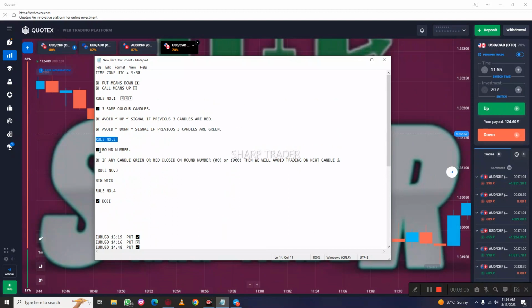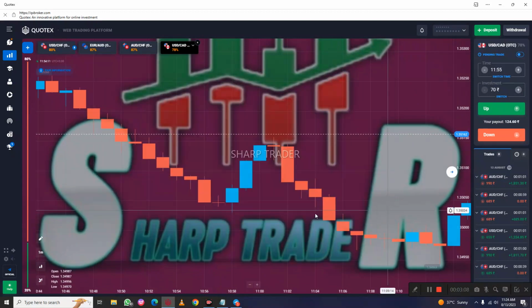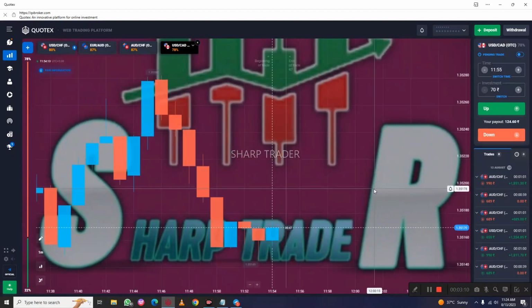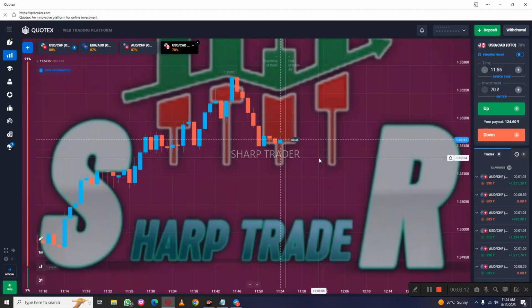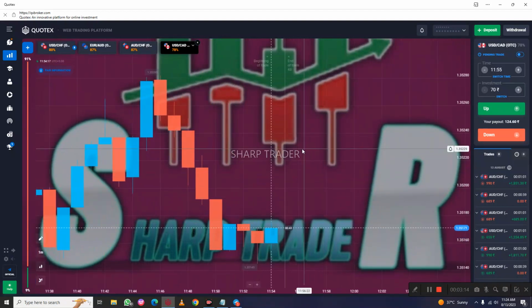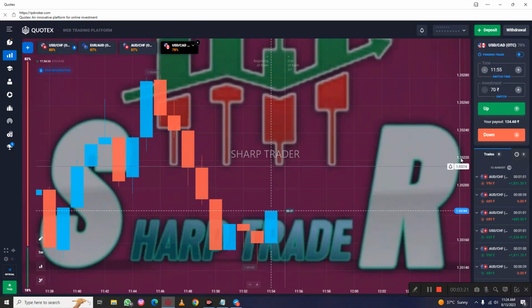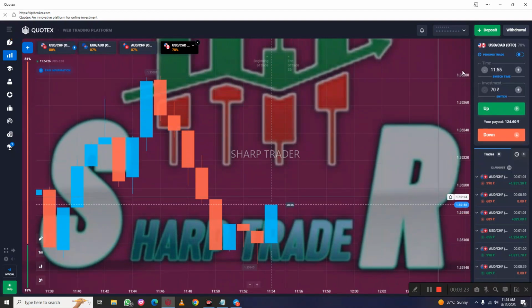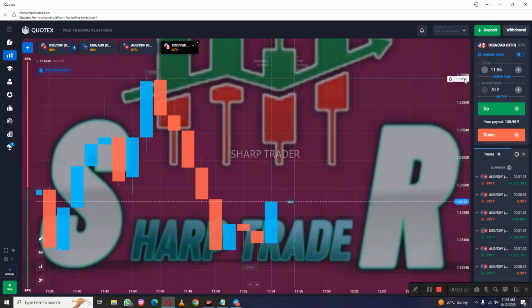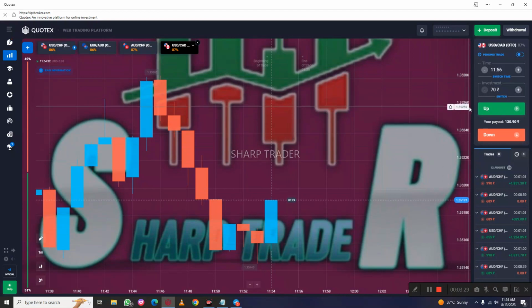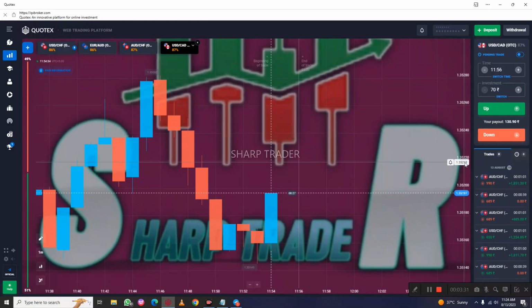Rule number 2 is round number. It is a little bit complicated for new members. What is round number? Here you can see some values written in white fonts: 1.35280, 1.35260, 240, 220, 200, 180, 160, 140.